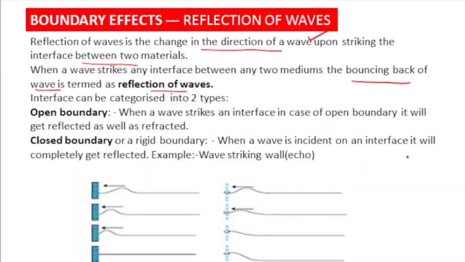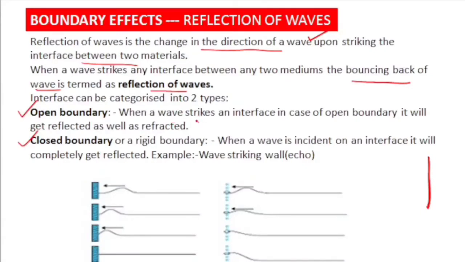Depending upon the type of interface between the two media, it means depending upon the type of boundary, two phenomena take place at this boundary: one is reflection and the other is refraction. Total reflection or partial reflection and refraction depends upon the type of boundary. There are two types of boundary: open boundary and closed boundary. In the case of an open boundary, what happens?